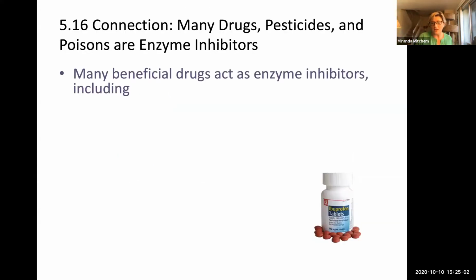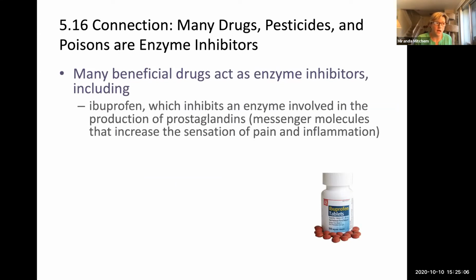All right, so examples of enzyme inhibitors that are used in pharmaceuticals: ibuprofen is a great example. It inhibits a group of molecules called the prostaglandins, and these are associated with inflammation. So ibuprofen's actually great to take for anything with inflammation.